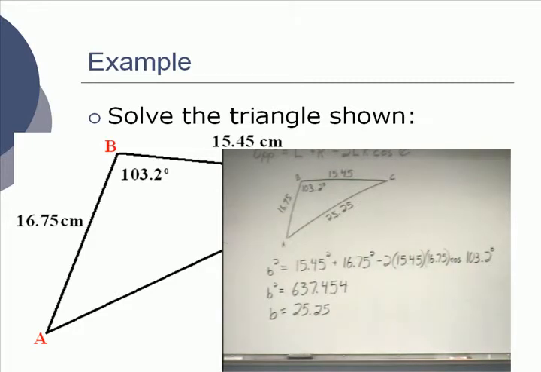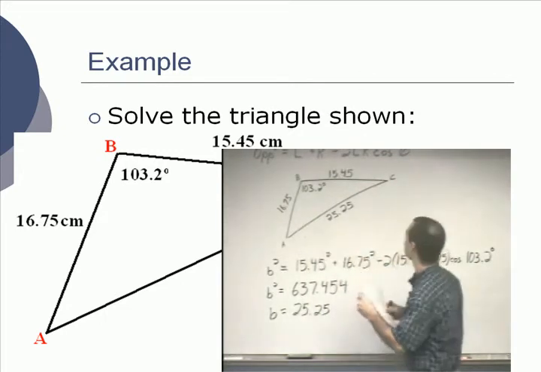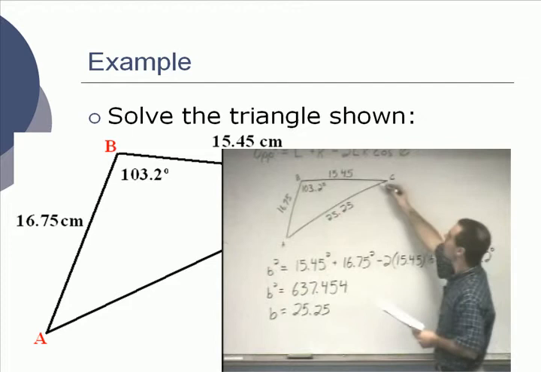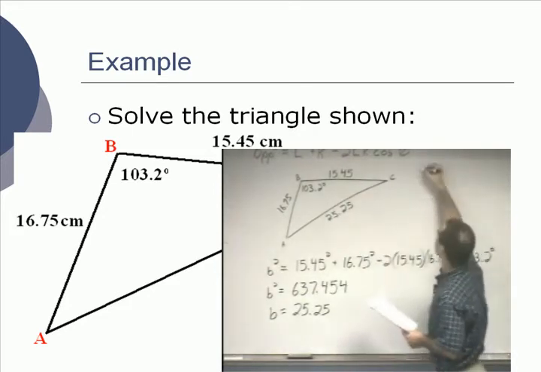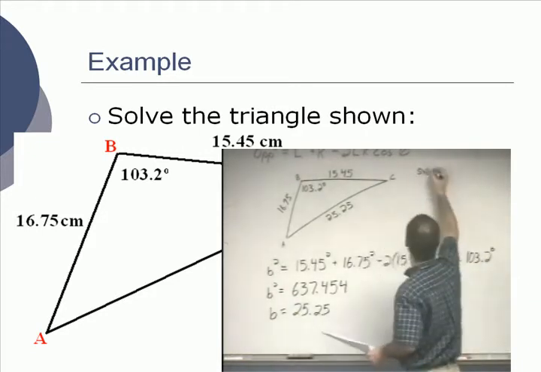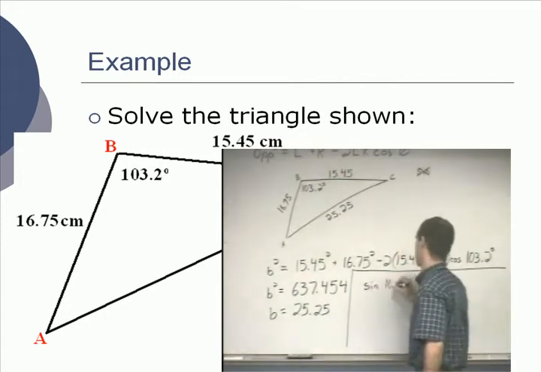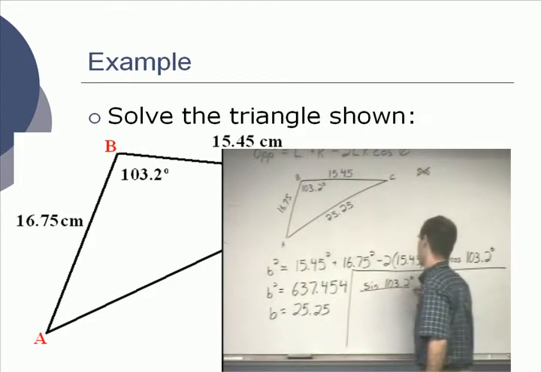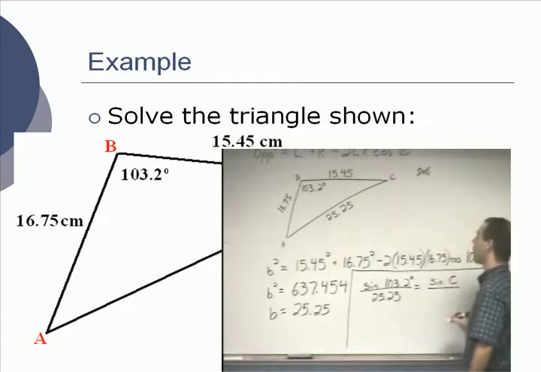All right, well now let's use law of sines to solve one of the others. Let's just, which one did I do? I did C, so let's just do C here. I know how that one works out. We know that the sine of 103.2 over 25.25 has got to equal the sine of C over 16.75.